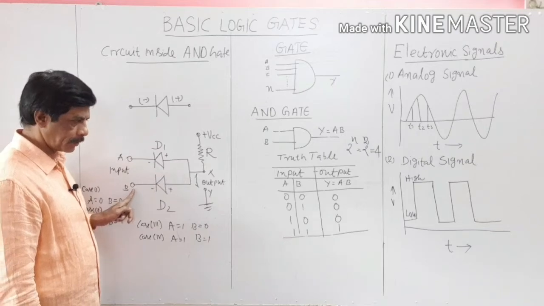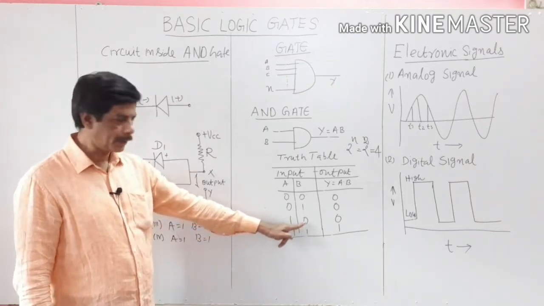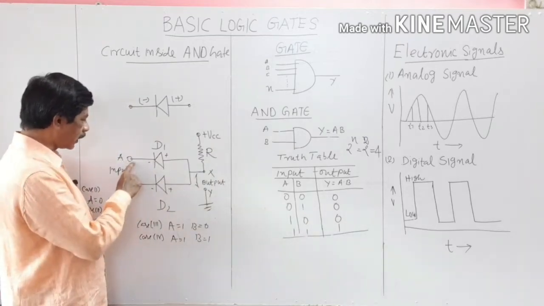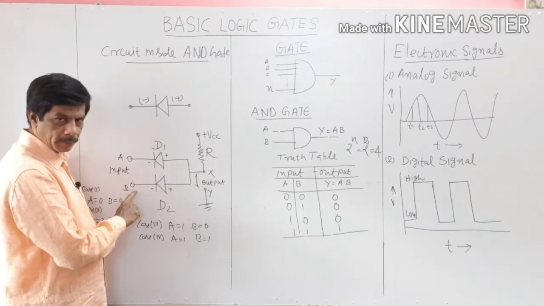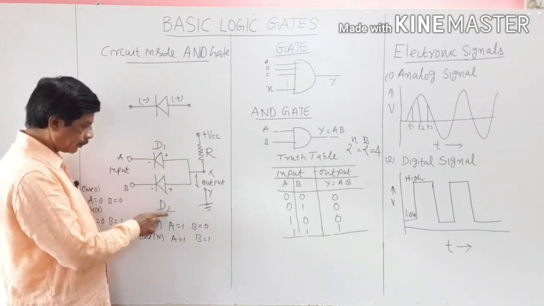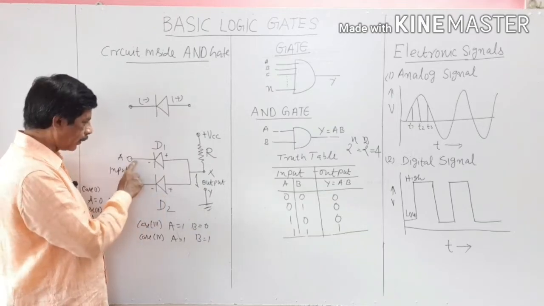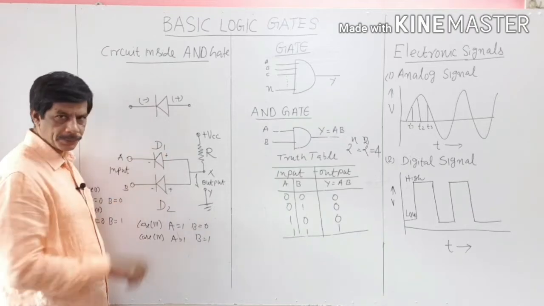The third case, A is equal to 1, B is equal to 0, which means connect positive voltage at point capital A, negative voltage at point capital B. Under this condition, the lower diode D2 is forward biased, and the upper diode D1 is reverse biased because positive, negative, reverse bias.